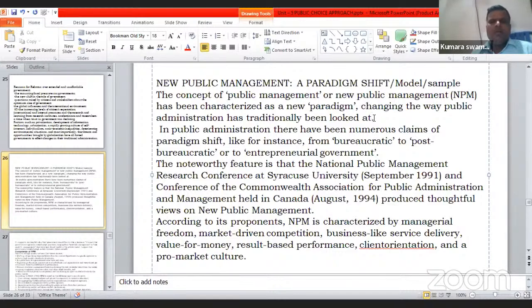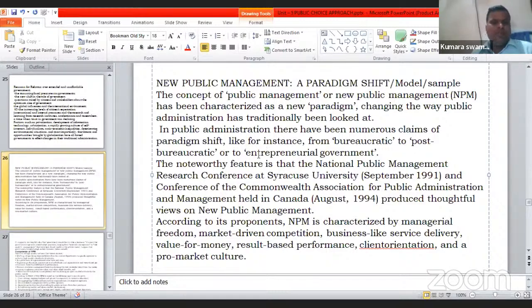It reduces the government's role and encourages the private sector and private management types. In public administration, there have been numerous claims of paradigms and changes in the government process and bureaucracy. After the post-bureaucratic era, they also supported entrepreneurial government.